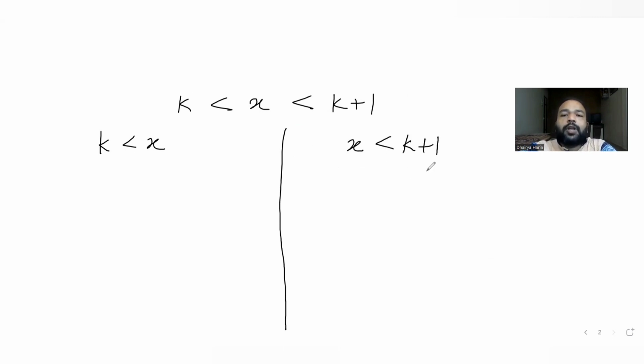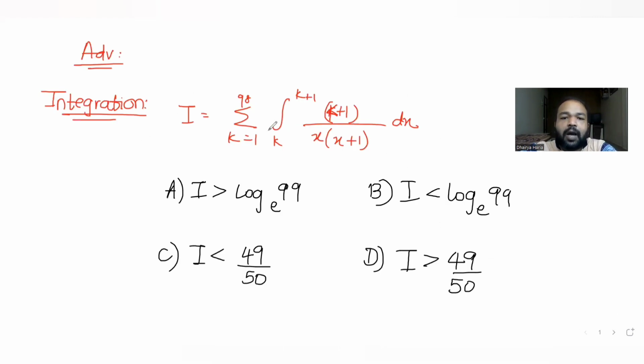With these two inequalities, let's try to fit our given expression, (k plus 1) upon x into x plus 1.